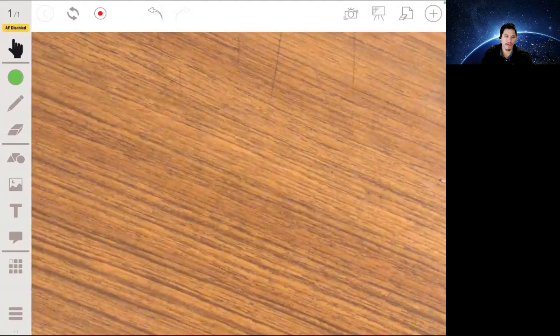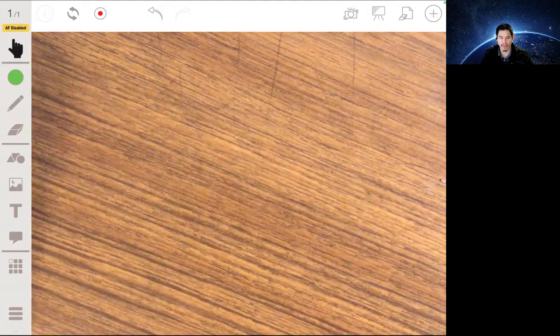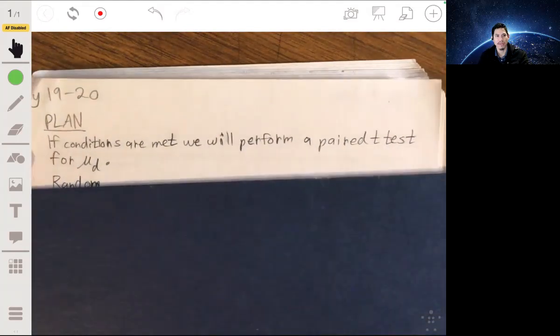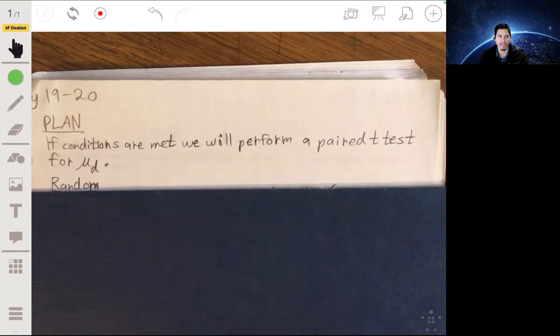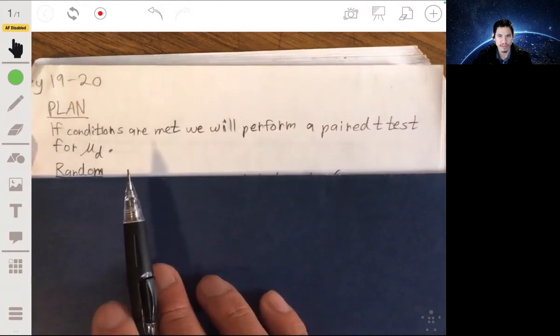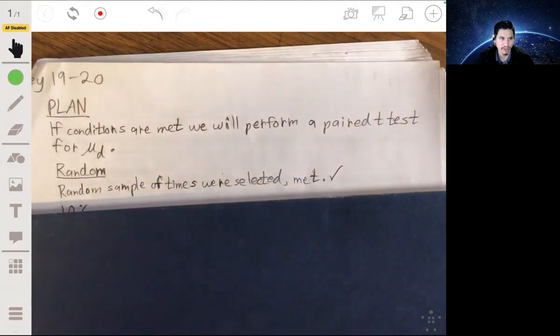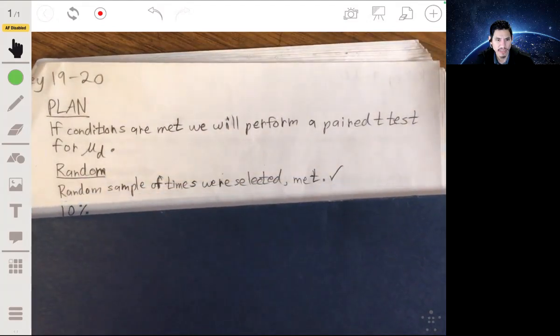All right, so then for the do part, if the conditions are met, we're going to conduct a paired t-test for the mean difference, so mu sub d. So we check the random condition first, and we were told that the times are randomly selected. 10%.